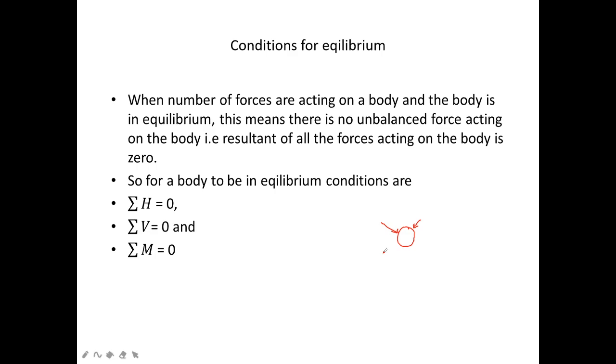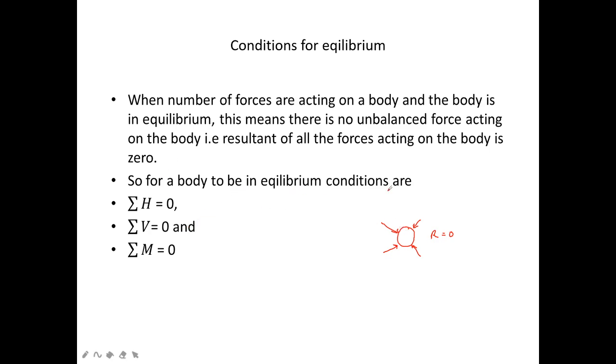Now, you will say that this body is in equilibrium when the resultant of all this force system is zero. If the resultant of all this force system is zero, then you can say that the body is in equilibrium.